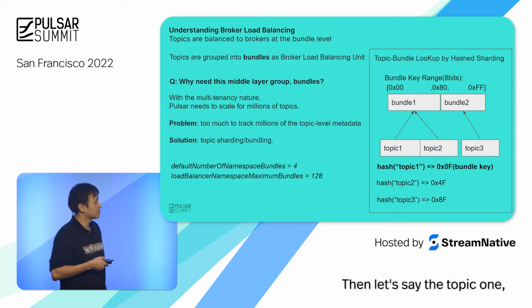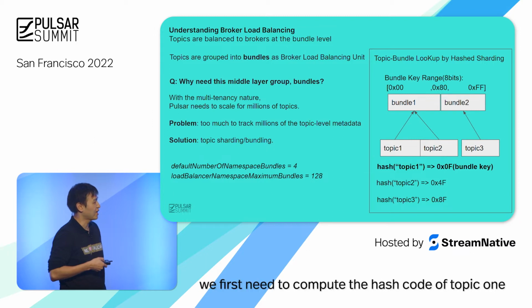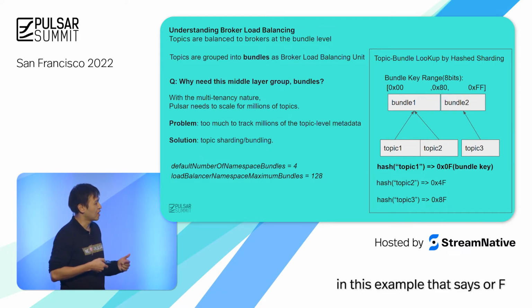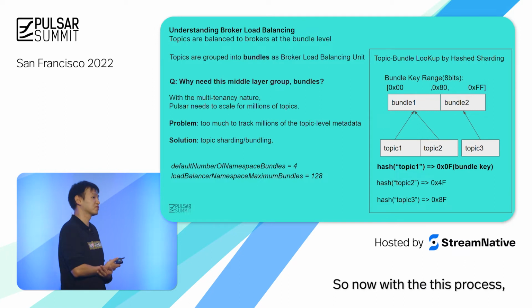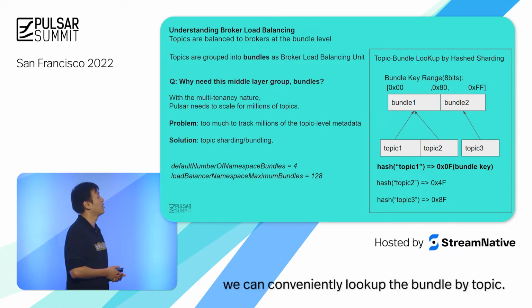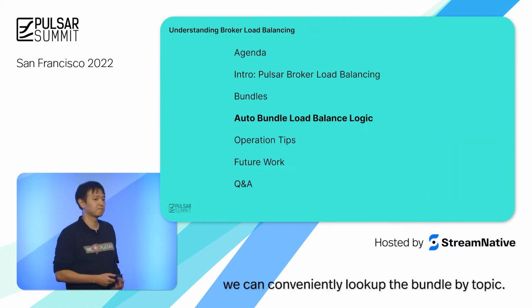Then let's say for topic 1, we first need to compute the hash code of topic 1. In this example, let's say it's 0F, and this is the bundle key. Now you can see that the bundle key, 0F, falls into the first bundle's key range here. So with this process, we can conveniently look up the bundle by topic.